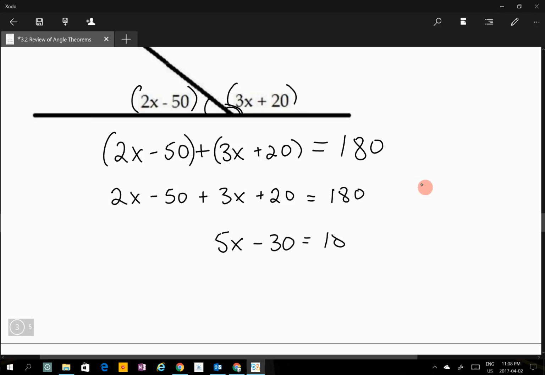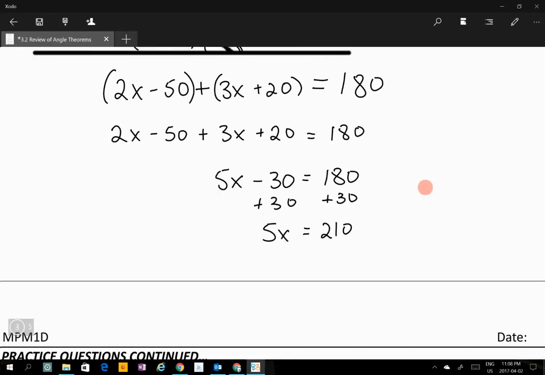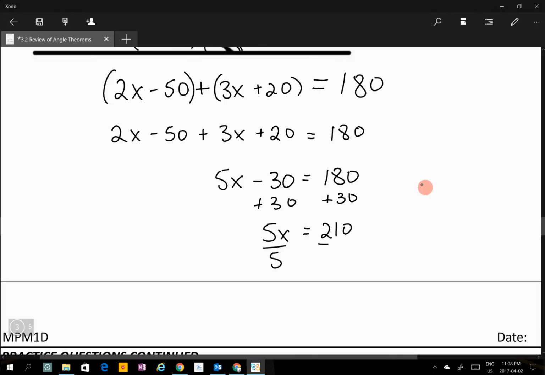Okay, and that equals 180. And if I add 30 to both sides, I will get 5x equals 210. And if I divide both sides by 5, I'll get my answer. So I divide this side by 5 and this side by 5. I get x equals 42. And there's my answer for x.